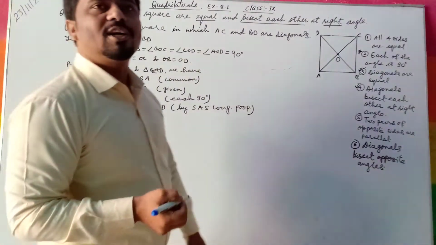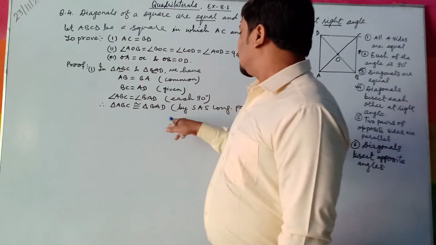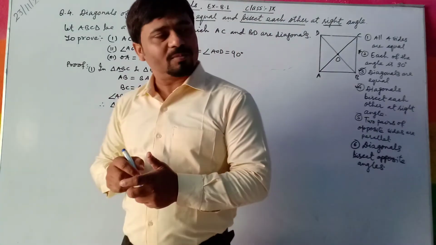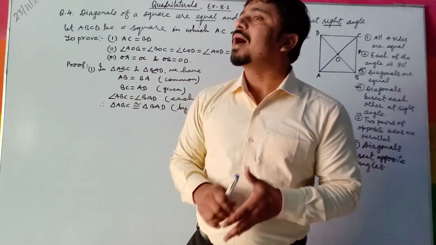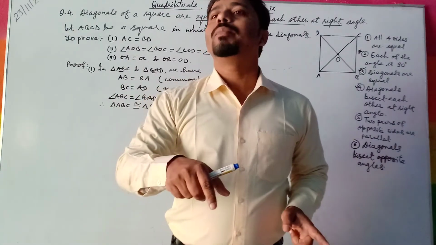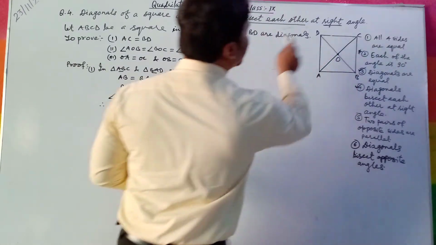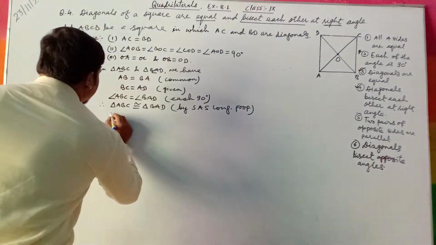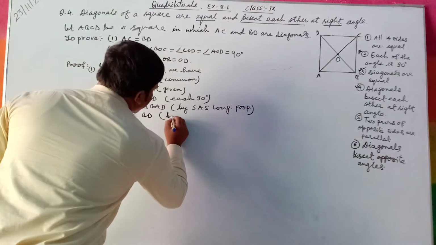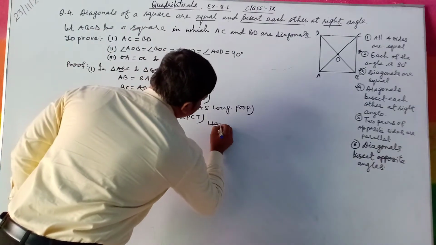Then the rest of the parts will be equal, and we need the sides AC and BD. Therefore AC equals BD by CPCT. Hence proved.